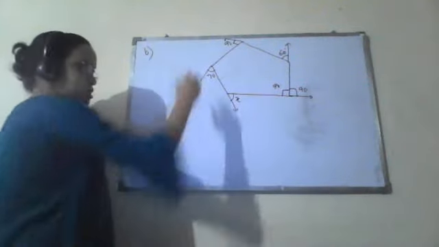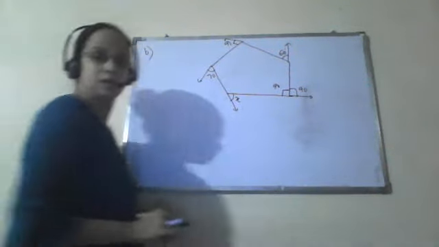Now it is very easy, since the sum of all the exterior angles of a quadrilateral will be 360 degrees.